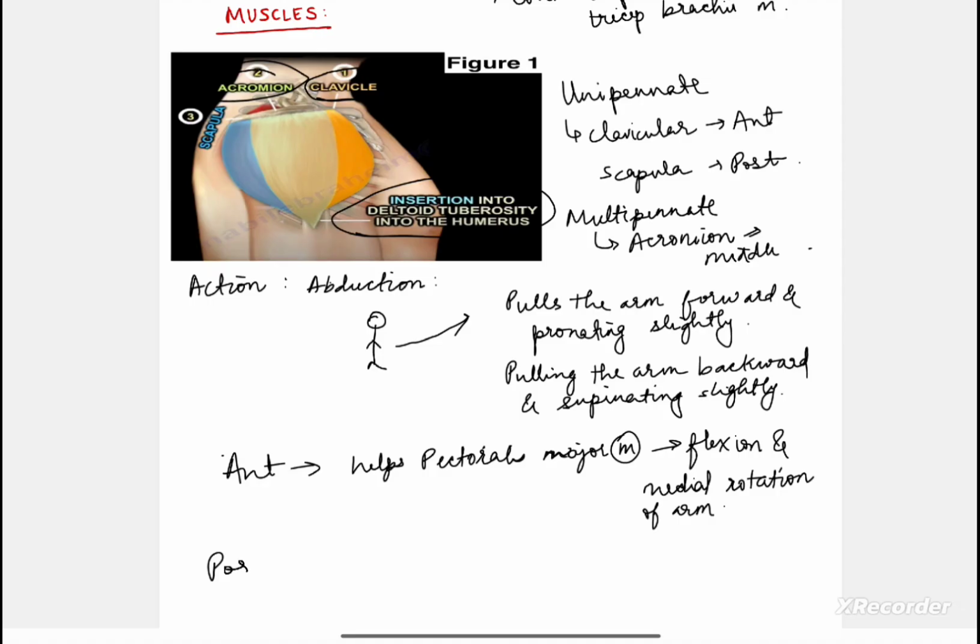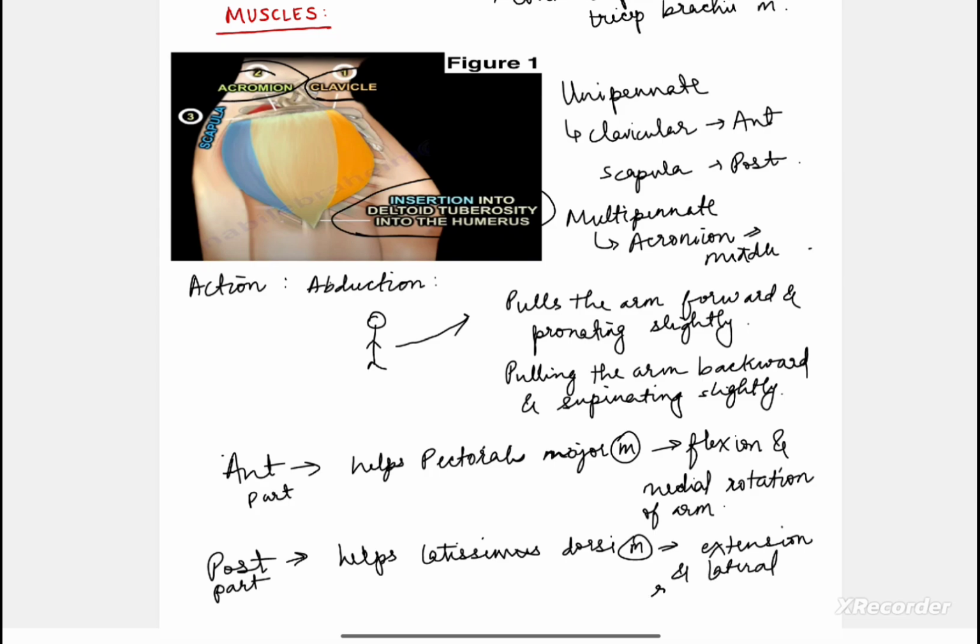And the posterior part helps the latissimus dorsi muscle in extension and lateral rotation of the arm.